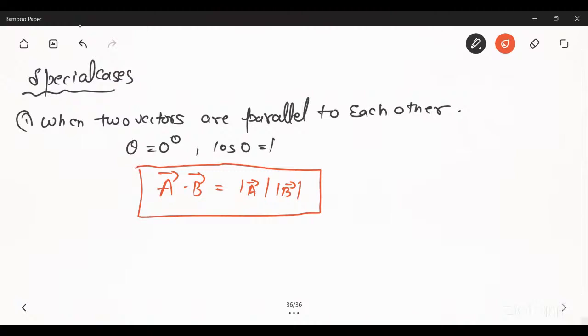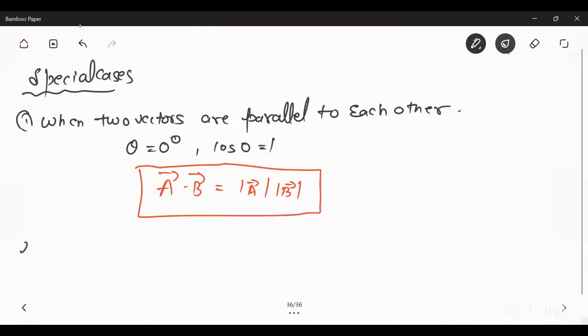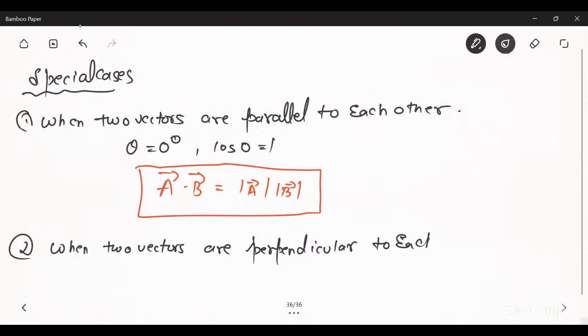Second, what will happen when two vectors are perpendicular to each other? The angle between them is 90 degrees, so cos 90 is 0.